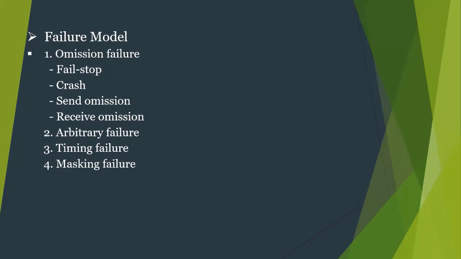For timing failure, there are also classes of failures, that is clock and performance, and this also affects the process. Any of these failures may result in responses being unavailable to the clients within a specific time interval.